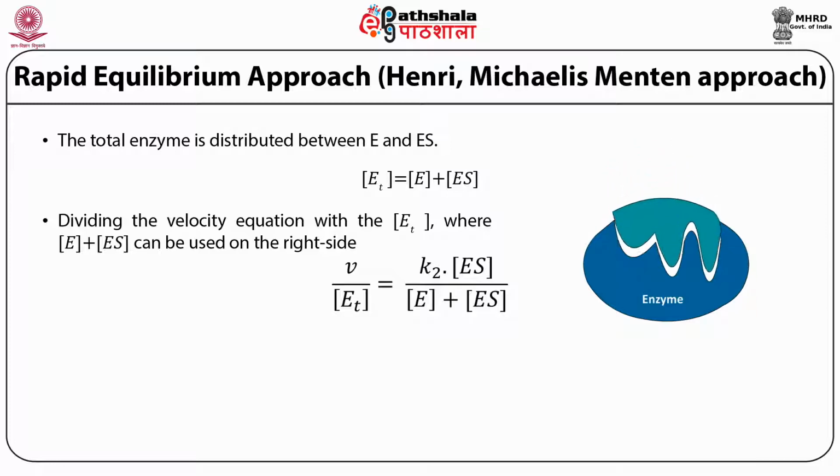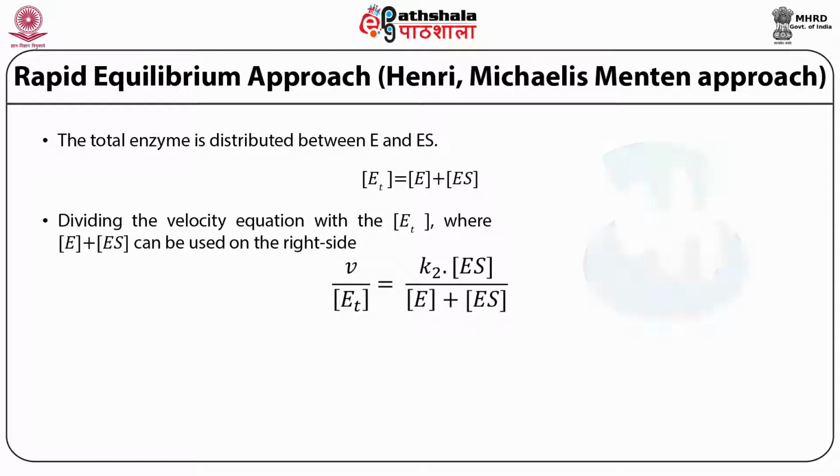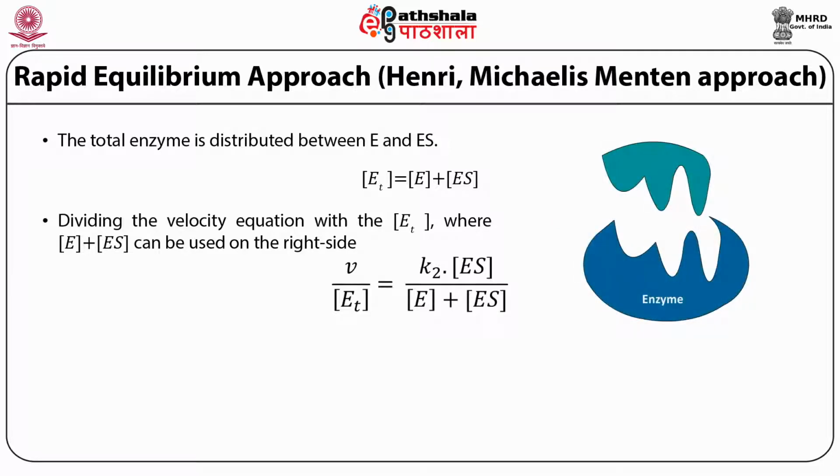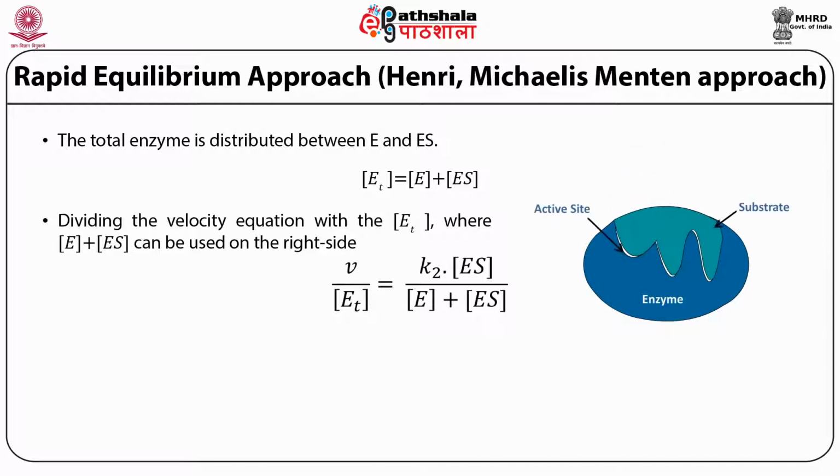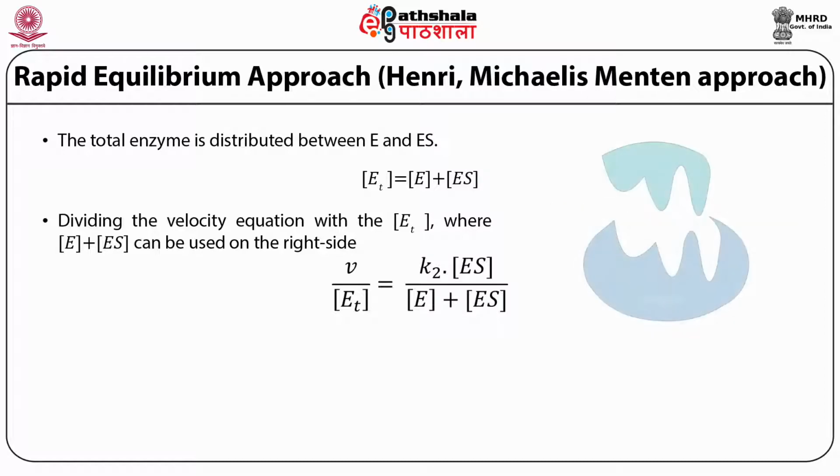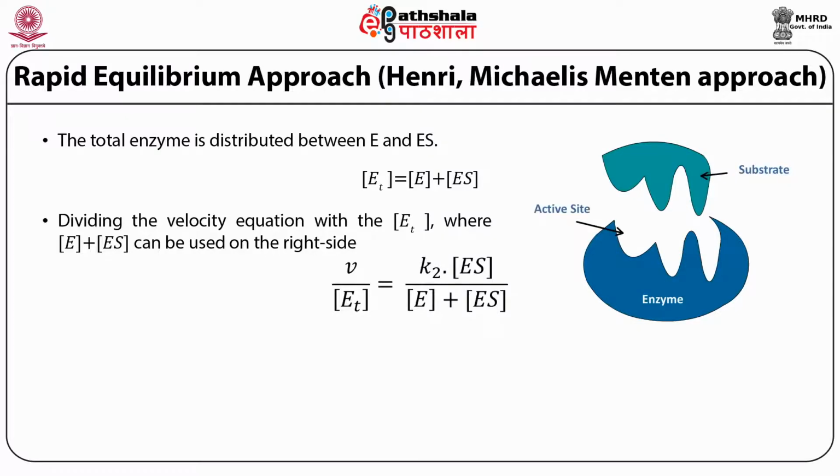If you see this equation, on the left side we are putting total enzyme concentration, and on the right side we are not putting total enzyme concentration but a representative of it, where total enzyme concentration is equal to free enzyme plus ES complex. So either we write ET or we write E plus ES, both are the same. Therefore, on the left side we have ET and on the right side we have E plus ES.